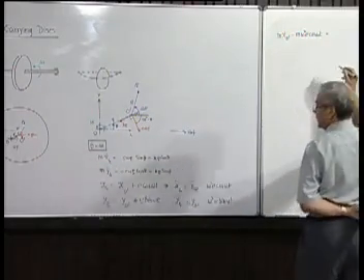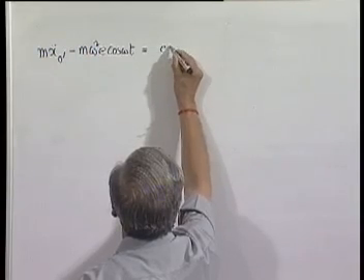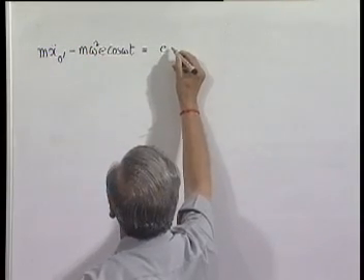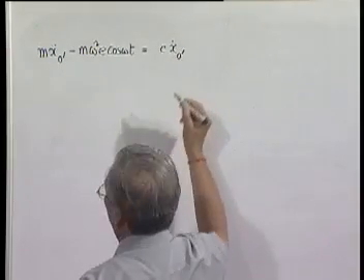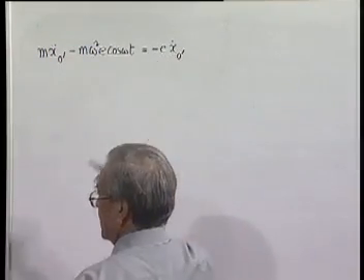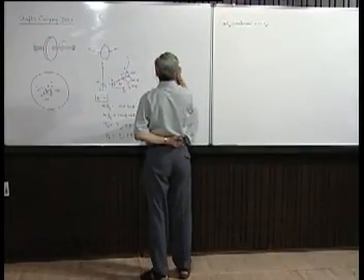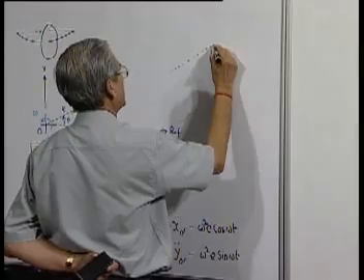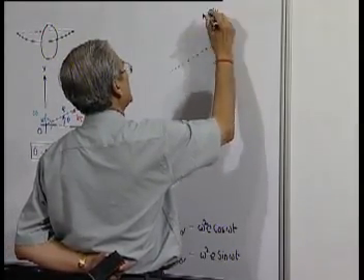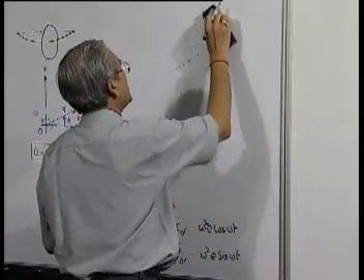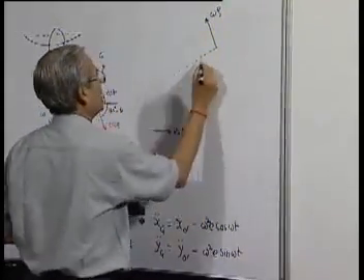So, it is nothing but c into xo prime dot. I hope I am clear. This point is here, its velocity is in this direction, simply omega into rho.